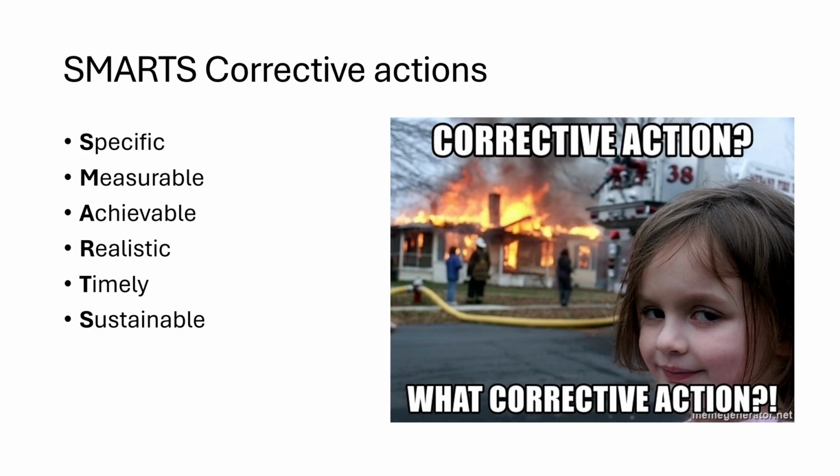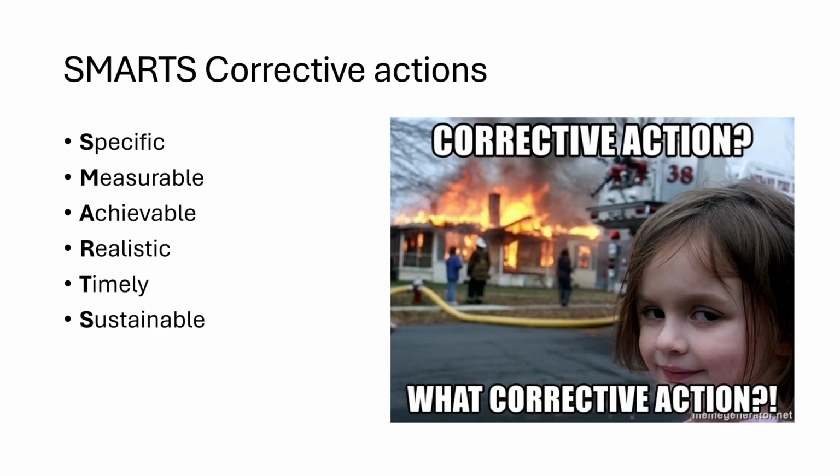And keep in mind, when we say specific, measurable, achievable, realistic, timely, all these things, that's not really in your opinion. Because especially as an event investigator, you're probably not doing this job daily. You probably got brought in, or maybe you do this as a side duty of your standard job.